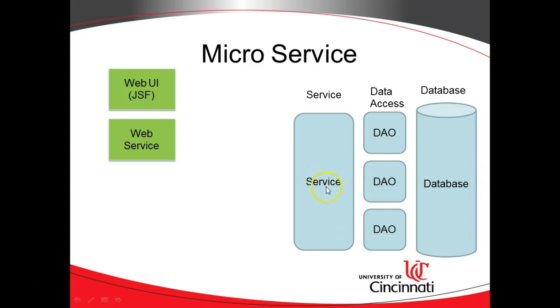If we had a JSF dependency in here, it would be very hard to expose it as a web service, because we then would have been tying our service so that it could only be used with JSF, which wouldn't make a lot of sense. So while I know it can be confusing from time to time to have a UI layer and a service layer and a data access layer, this is what they all are, and this is why they're split into different layers.